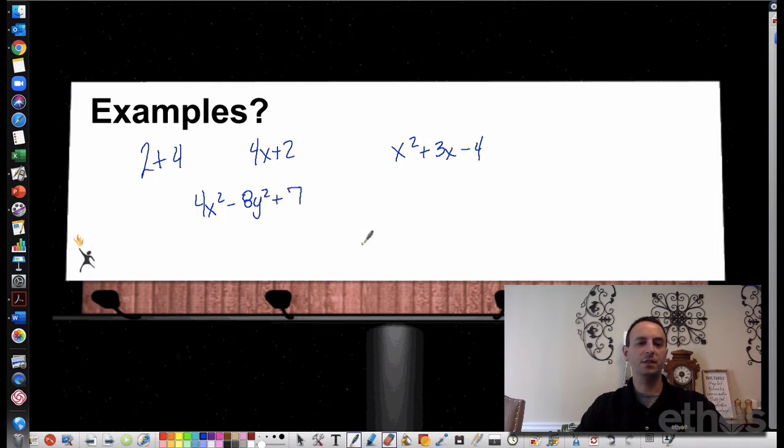All of these are different types of expressions that we can see. Some we can solve, some we can't. The common term is that we're going to have a symbol and a number. It could simply be symbols like x plus y, where x and y are both numbers, we just don't know the value yet. Even though it doesn't have numbers, quote unquote, it has x and y, which stand for numbers, so that's perfectly fine. These are all different kinds of examples you can work from.